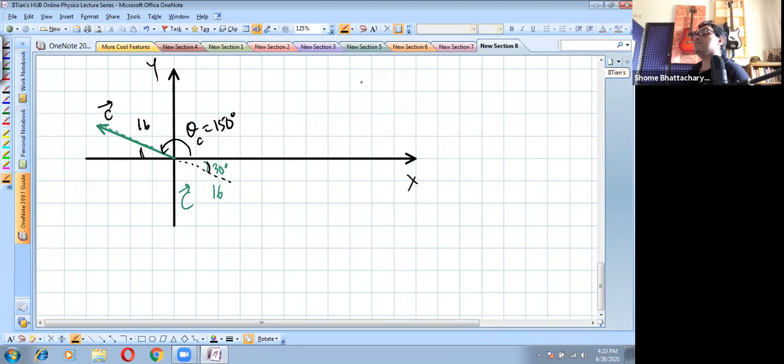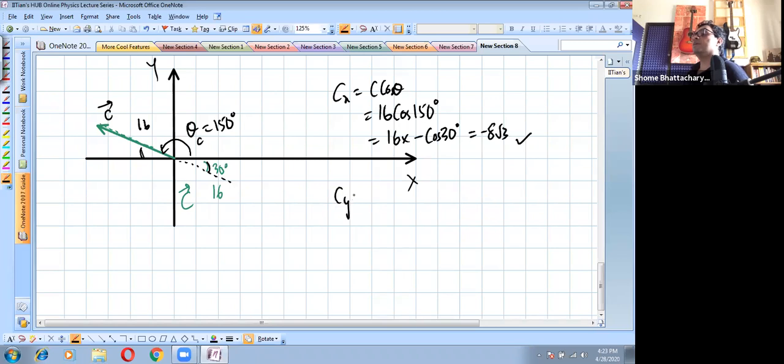So the vector C will have an x component of 16 cos 150. So that is 16 into minus cos 30. So that will become minus 8 root 3. That's the x component. And similarly, the y component is C sine theta. So that is 16 sine 150.